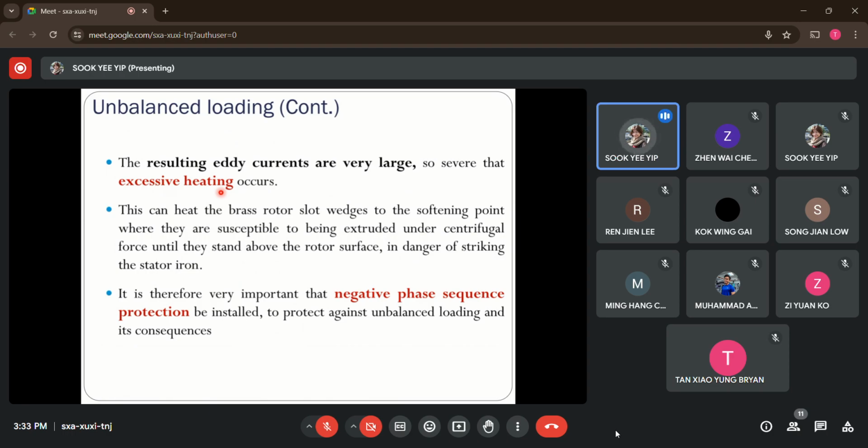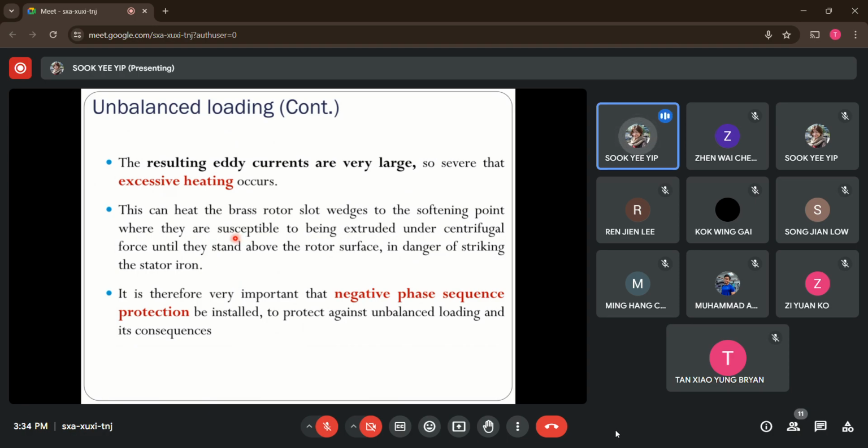With such high heat, the brass rotor slot wedge can reach its softening point. It becomes too hot and is susceptible to being extruded under centrifugal force. It might stand above the rotor surface and strike the stator iron, which will cause damage to the generator.